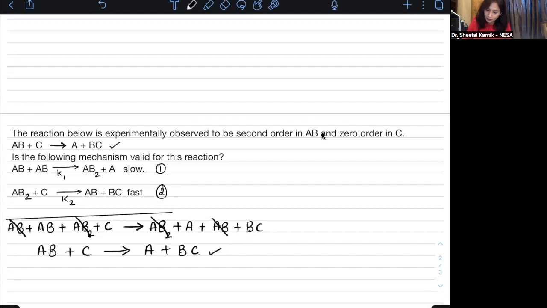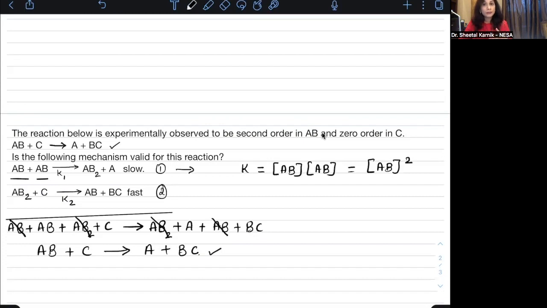Here I'm going to write down for this step, rate is equal to k times reactant AB multiplied by reactant AB. As I can see here, these are the two reactants, so I'm multiplying their concentrations and I get k times AB squared. This would be the rate law of the slow intermediate step.